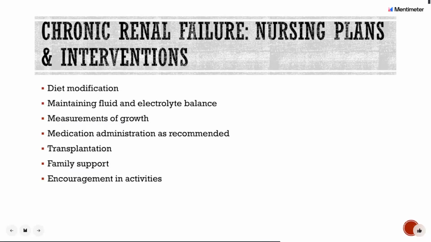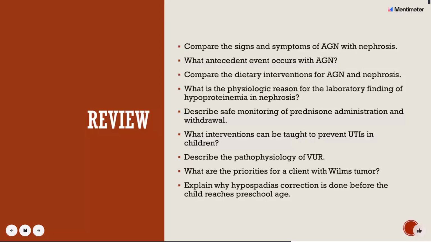Keep an eye on our growth, make sure that we're growing as we should. Medications to help support our renal system while we await transplantation, and encouraging and supporting our family along the way. So that is it for our renal review.